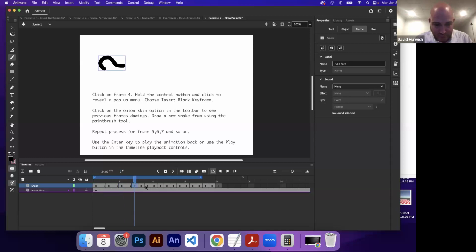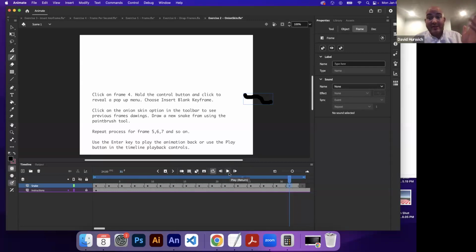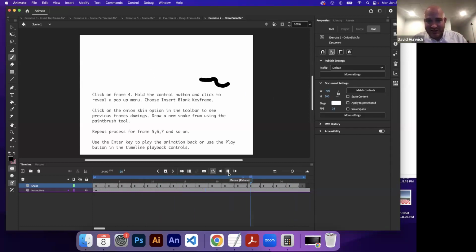Essentially I'm doubling up all of my drawings. It's not that I've drawn more, but now they're all going to be held a little bit longer, which is going to slow down the speed. So now when I play it, you can see it's not as fast as it was before.